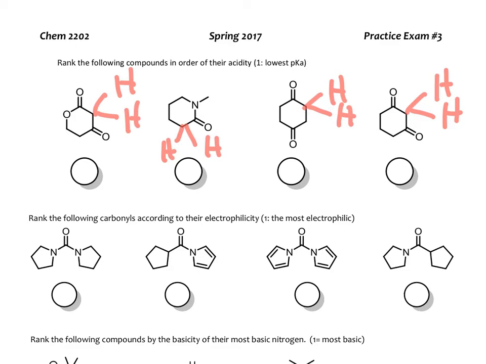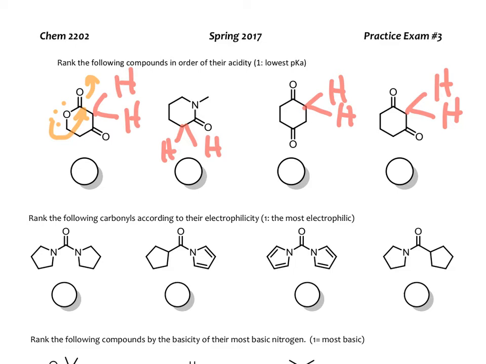The one with more resonance has the more stable conjugate base, which means that the protons are more acidic. So the question is, which is more acidic, a 1,3-diketone or a beta-keto ester? Remember that the ester has a lone pair on the oxygen that can donate into the carbonyl carbon, which makes it less partially positively charged.